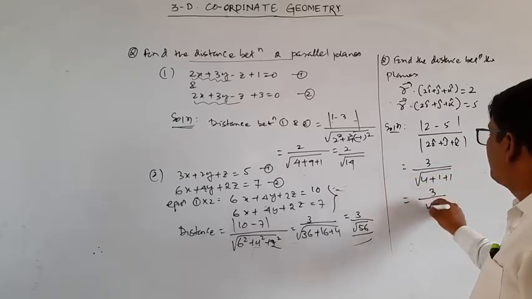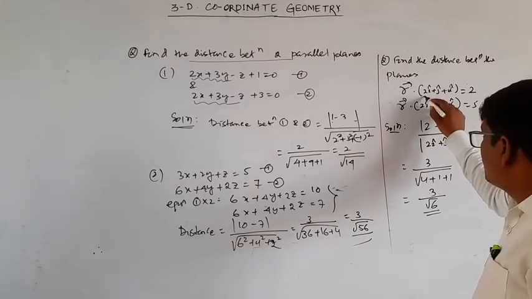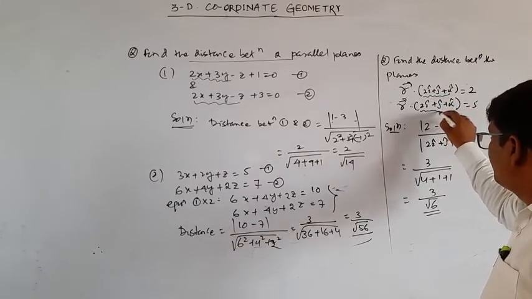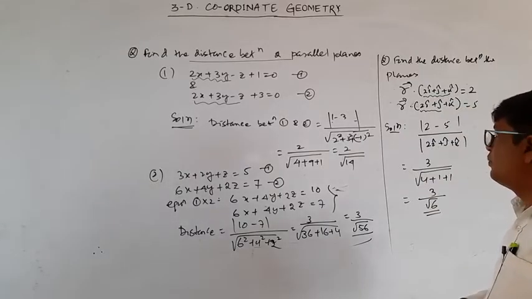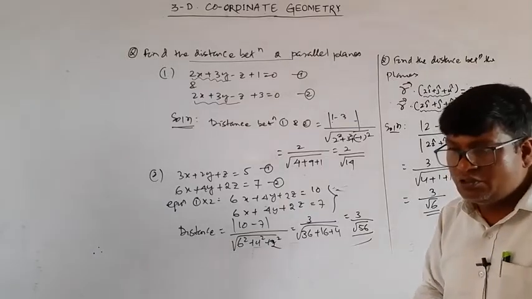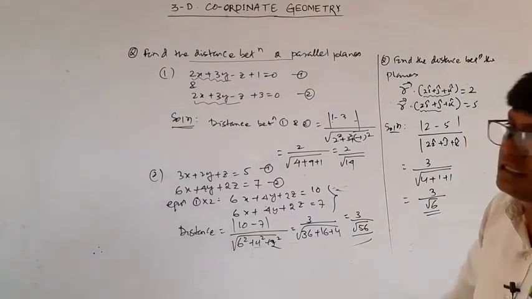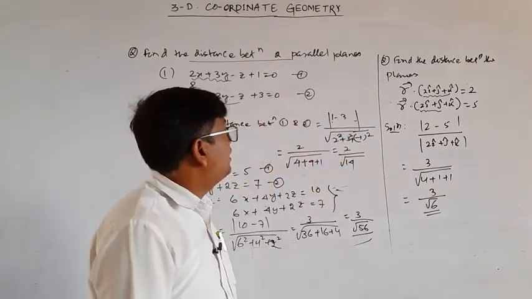So 3 by root 6, this is the answer. If this is not equal, then you have to make them equal, the n vector should be equal in both cases. This is the distance between two parallel lines.